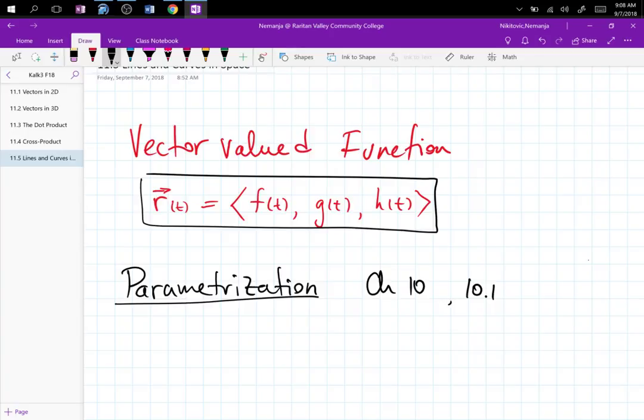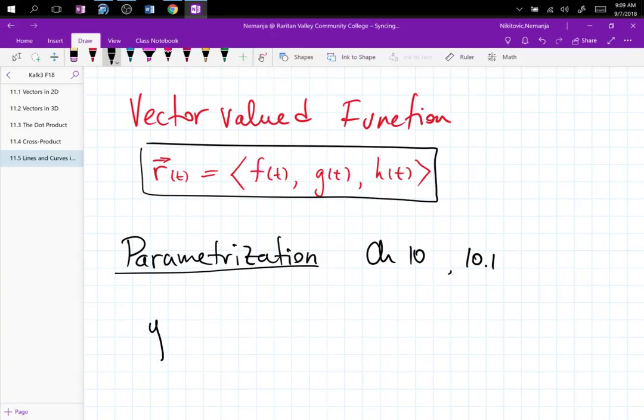We teach that in this school in Calculus 2. A set of parametric equations breaks dimensions apart with respect to a parameter, let's say parameter t for time, or theta for the angle, or you can come up with other parameters as well. We will see the arc length parameter and so on.